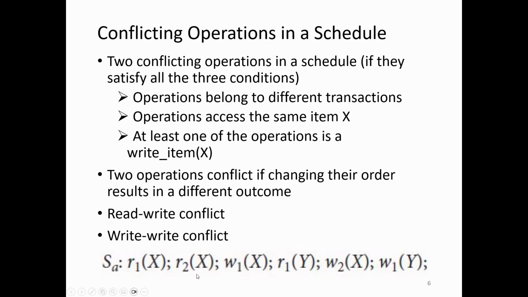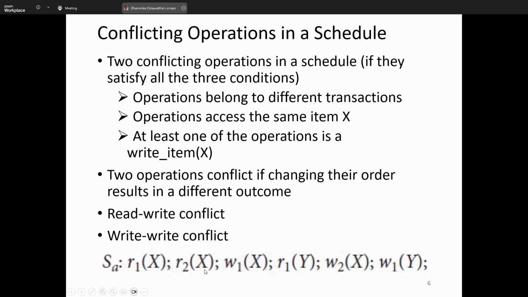Here, R2X and W1X are conflicting operations. Originally, it is read item X, then write item X. But if we change this order, first write item X by T1 happens, then next read item X by T2.